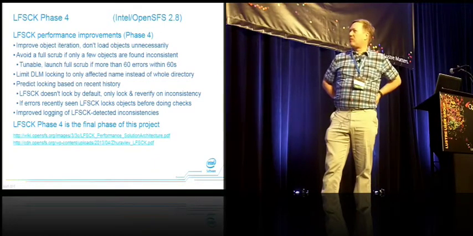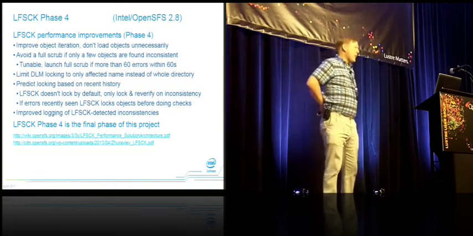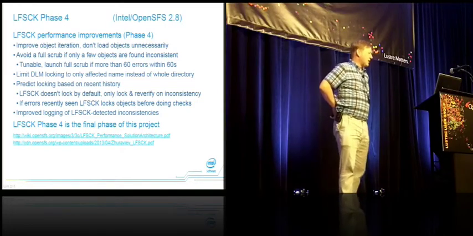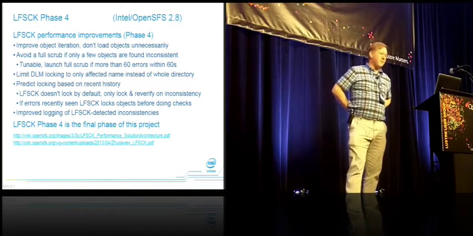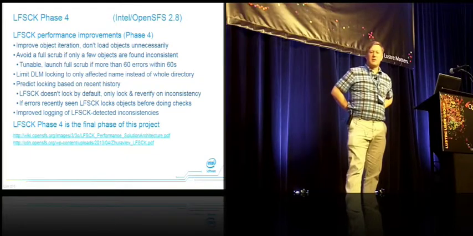So phase 4 collected a number of issues that we had identified during the earlier development phases as needing further attention, and we've been running some benchmarks. Some of the improvements that have gone into phase 4 are improved scanning of objects in LDiskFS.